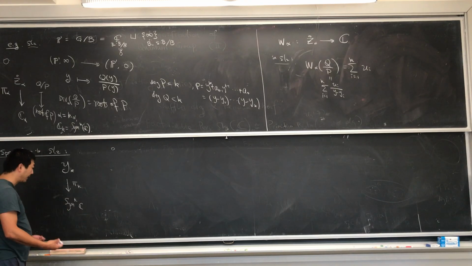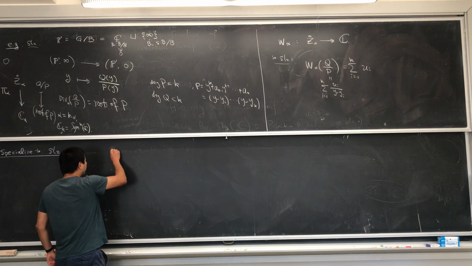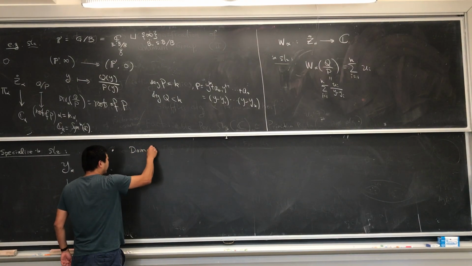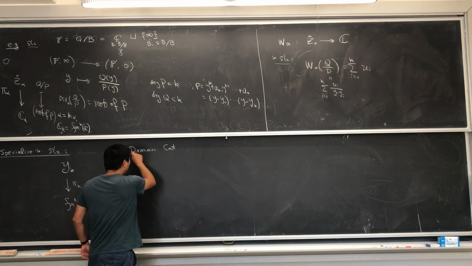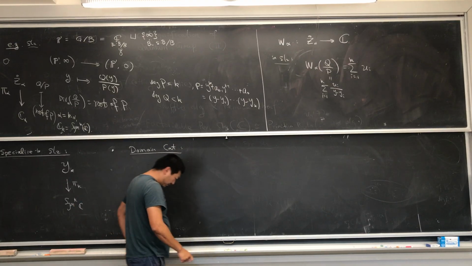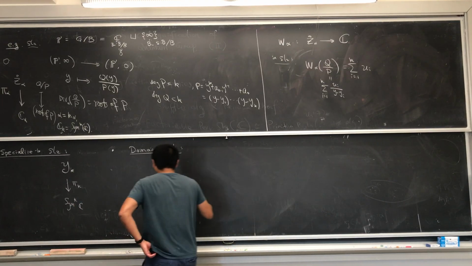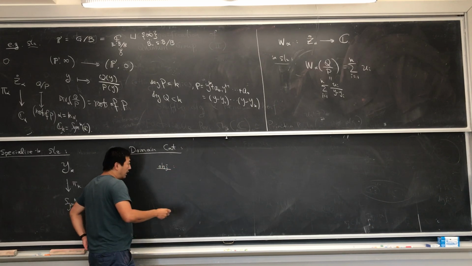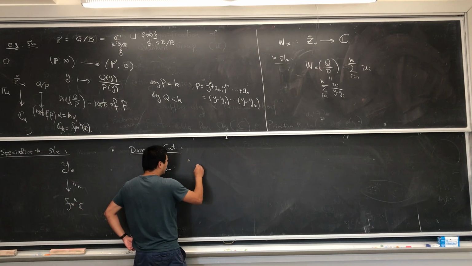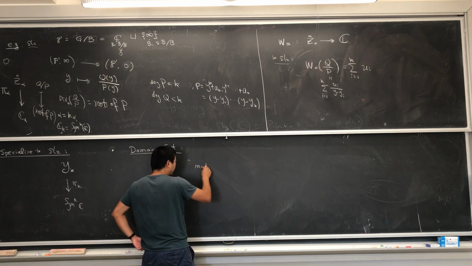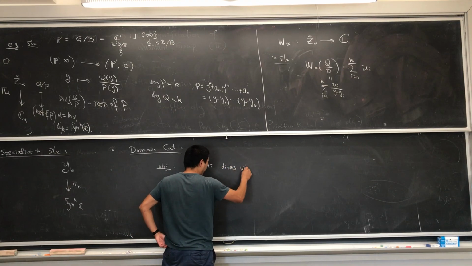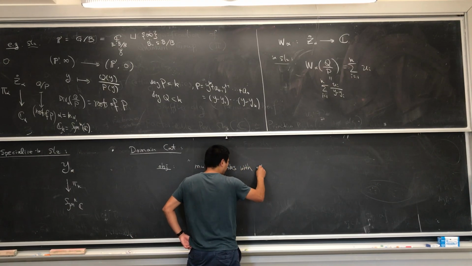So what's the input we can assign? We're going to define the domain category. The objects we call multi-disks with stops.